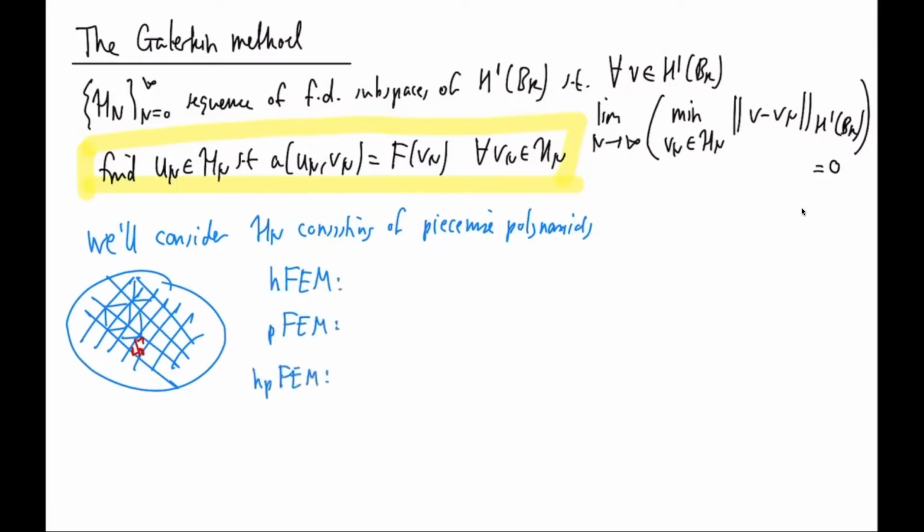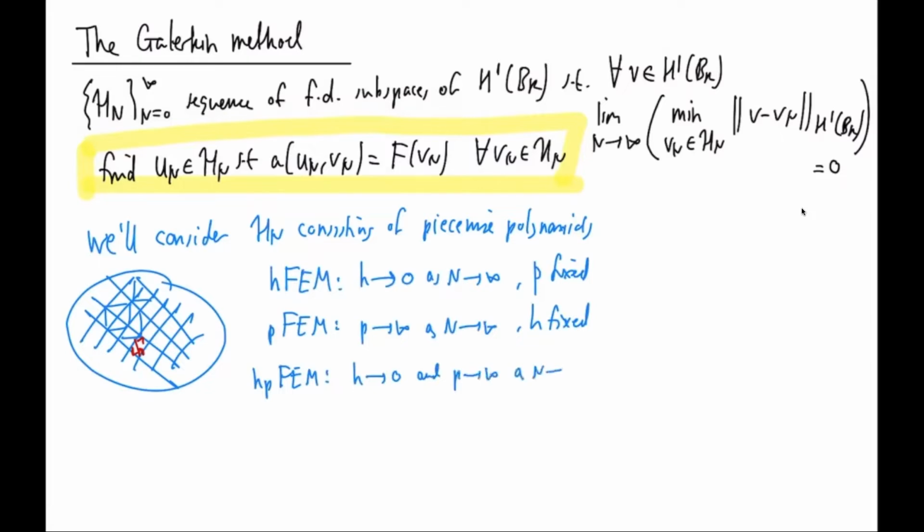In the h-FEM, I increase accuracy by decreasing h: as n tends to infinity, the mesh width h gets smaller and the polynomial degree p is fixed. In the p-FEM, p goes to infinity as n tends to infinity and I fix h. In the hp-FEM, I let h go to 0 and p go to infinity as n tends to infinity.